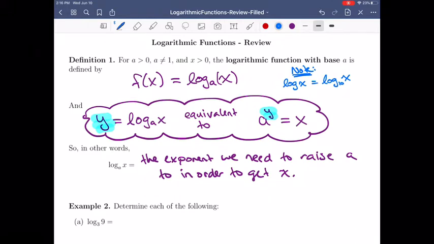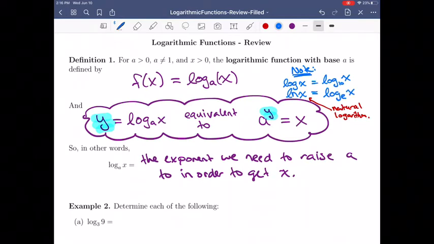And then sometimes also we write ln of x. This actually stands for the natural logarithm. So you might hear the natural log, and what we mean by that is log base e of x. Remember, e is that Euler's constant, that special base for the exponentials.